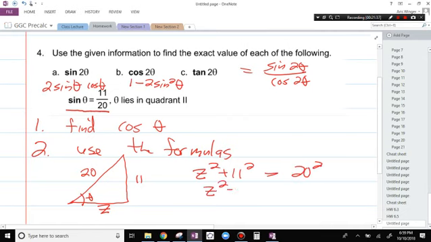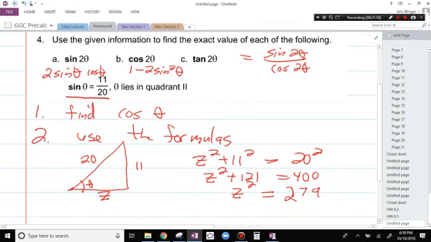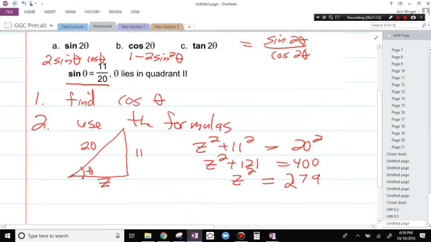Z squared plus 121 equals 400, and that one is just not looking nice at all. 279. That might work out. What number is that? Is that 27? No, that's not 27. 17? No. 16.7? No, it's bad.